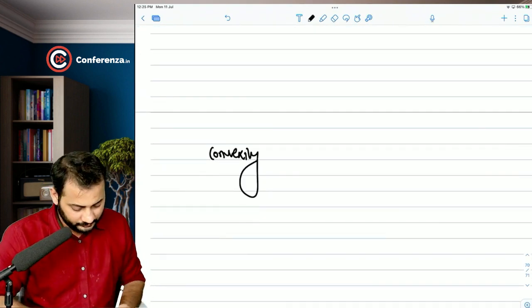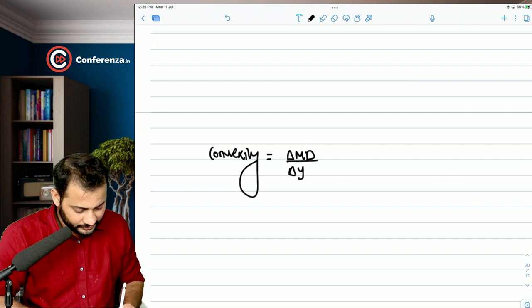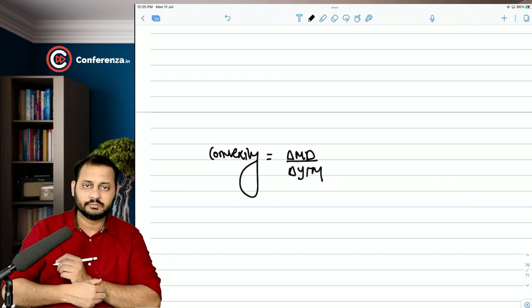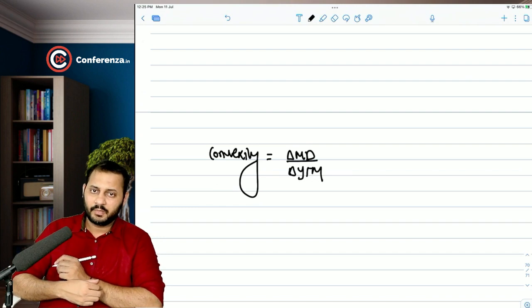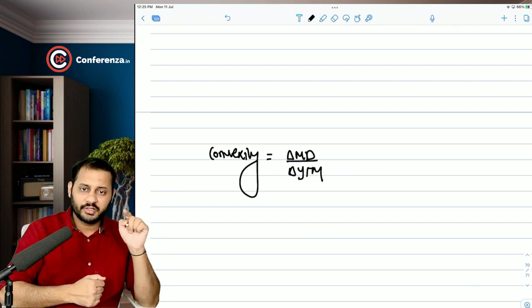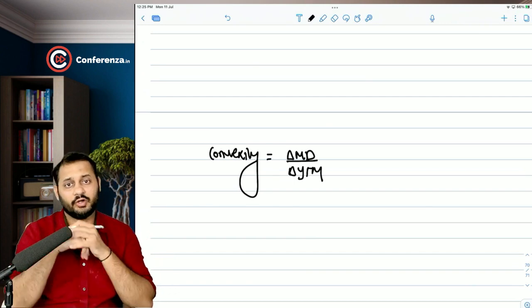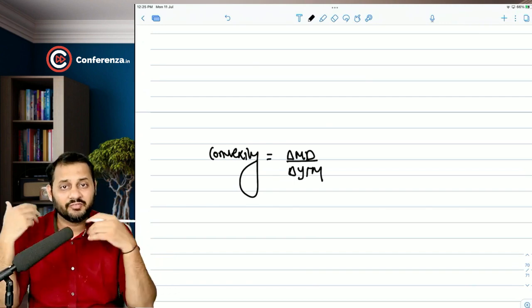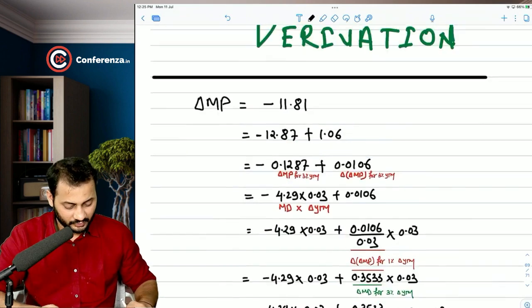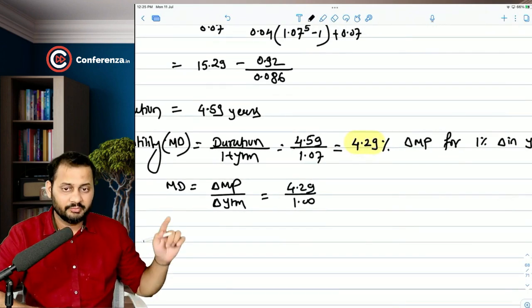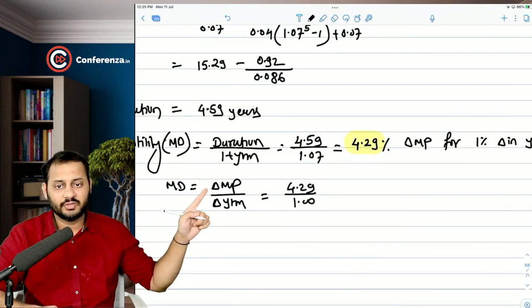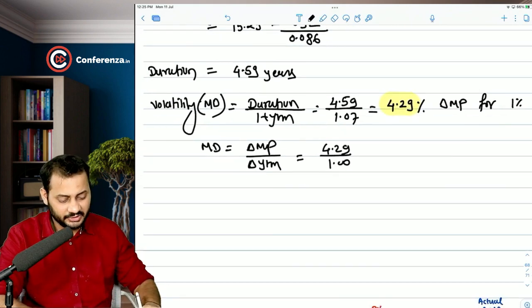So have a look. Change in modified duration for 1% change in YTM. Right? Can I say change in modified duration by change in YTM? Now, what is the formula for change in modified duration itself? Do you remember this formula? Modified duration is equal to change in market price divided by change in YTM.